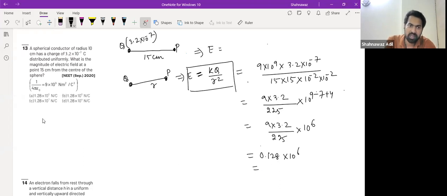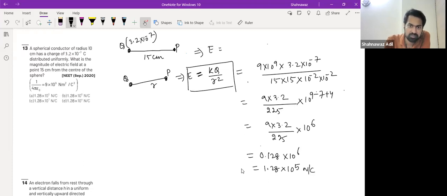If I write it as 1.28, that would be 10 to the power 5. Yes, 5, so this is the answer.